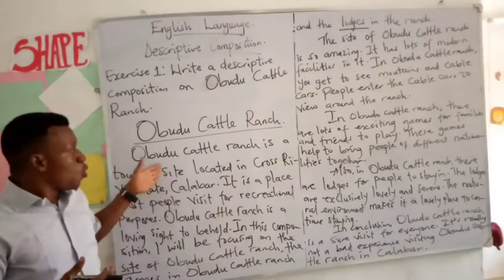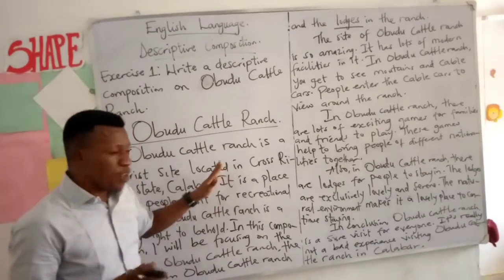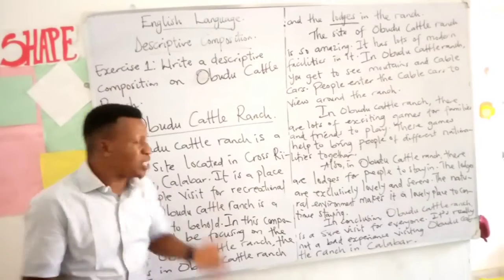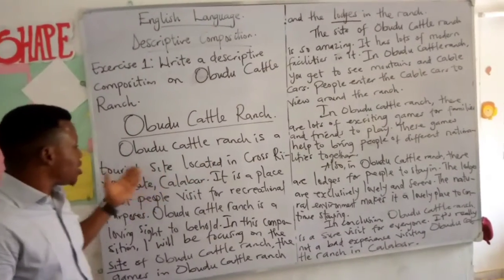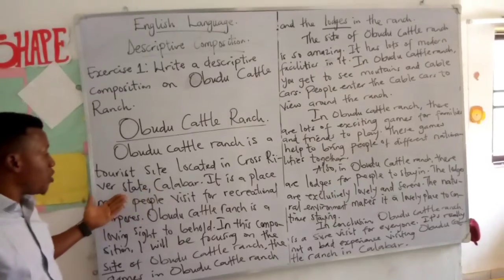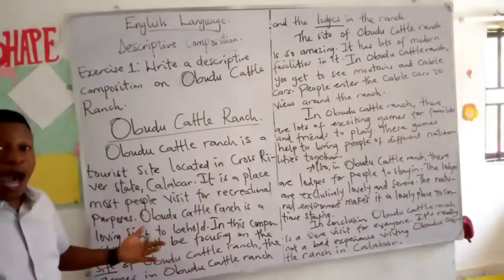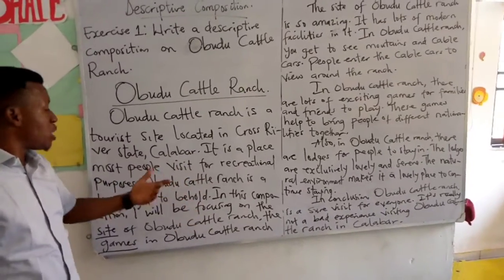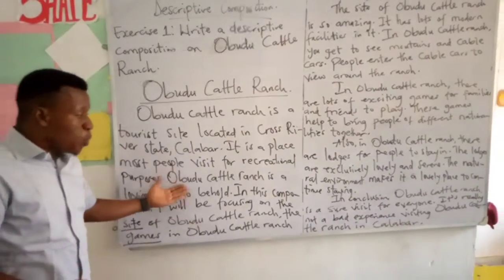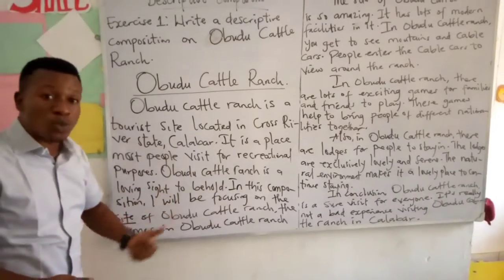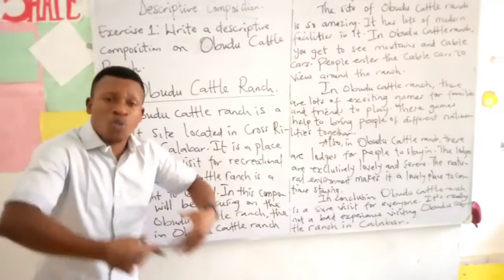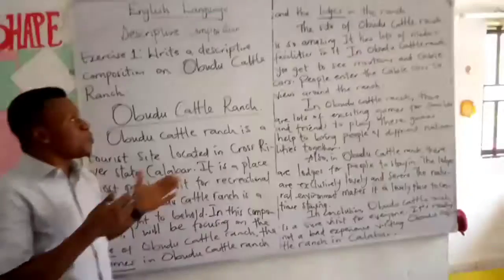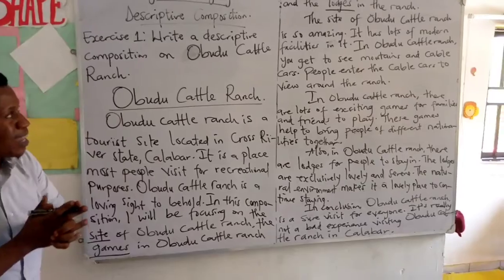Once you read the first paragraph, you get so interested to know what else is in the writing. Just imagine, Obudu Cattle Ranch is a tourist site located in Cross River State, Calabar. Wow, I want to read more. It is a place most people visit for recreational purposes. Obudu Cattle Ranch is a lovely sight to behold. You want to read more and more about it. So this is how you write your descriptive essay.